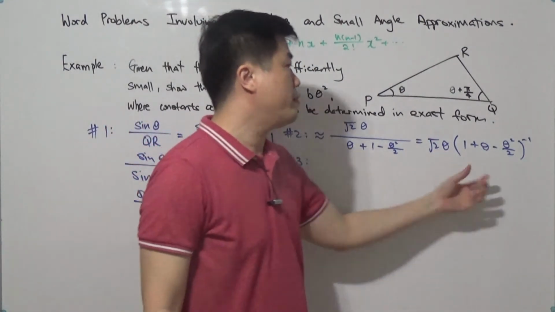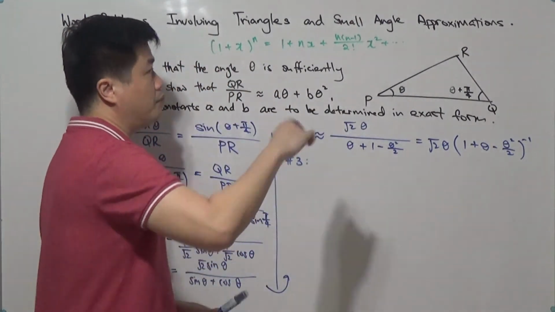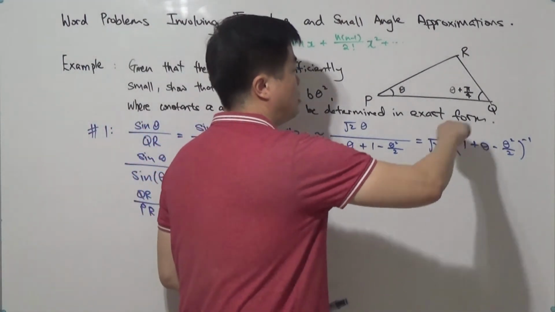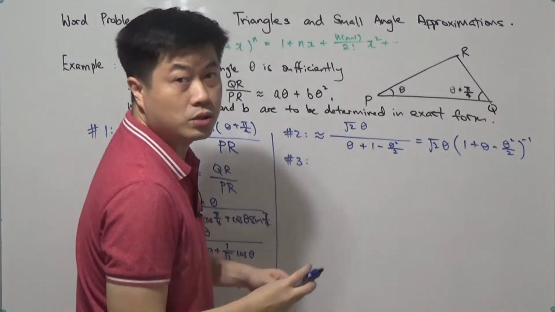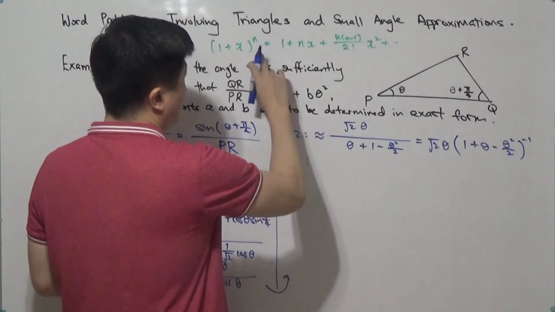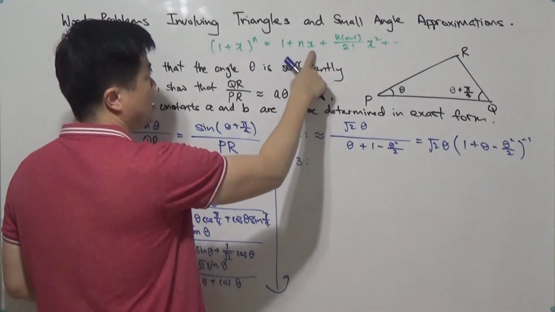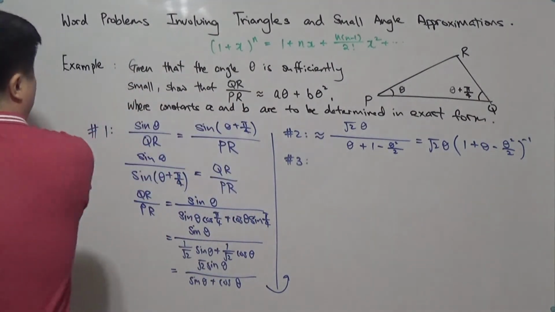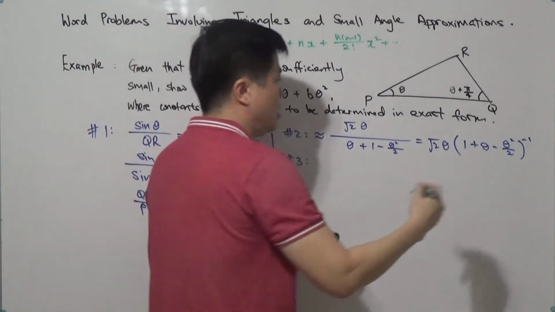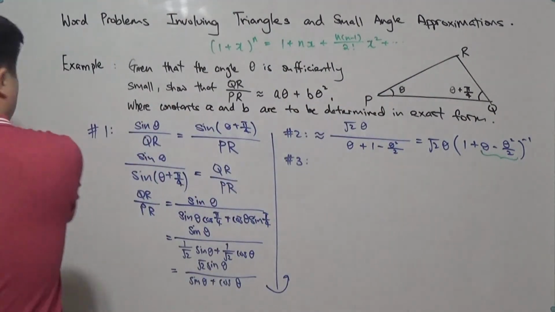So later on, when we expand this, all we need is to get up to theta, because when we multiply the theta outside, we will get theta square. So in fact, all we need to do is to expand this up to the second term, with n being minus 1, and our x being this theta minus theta squared over 2.